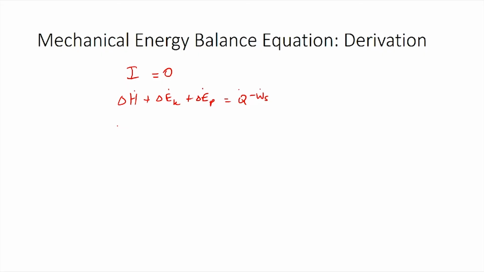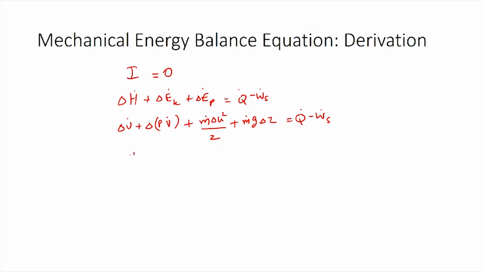This delta H dot can be written in terms of internal energy and specific volume. So, let us do that. The delta H dot value can actually be written in terms of internal energy. So, then the equation would become delta U dot plus delta of PV dot plus Ek dot, which would be m dot delta u squared divided by 2, plus Ep dot, which would be m dot g delta z, equals Q dot minus Ws dot.